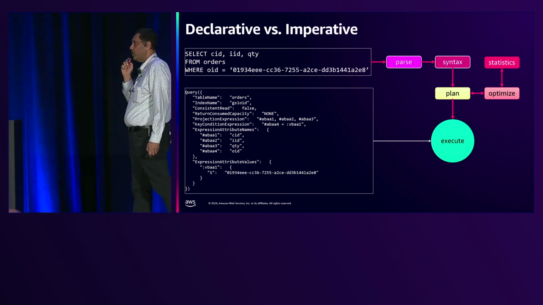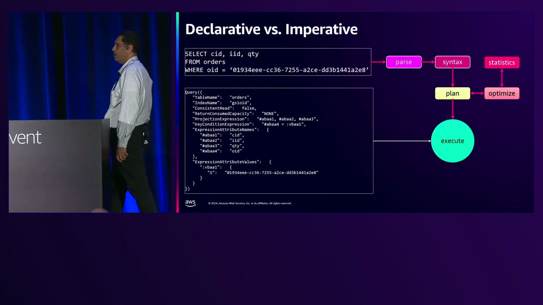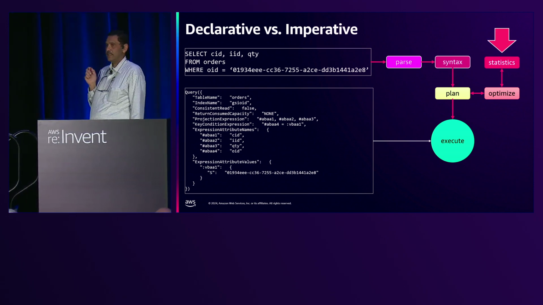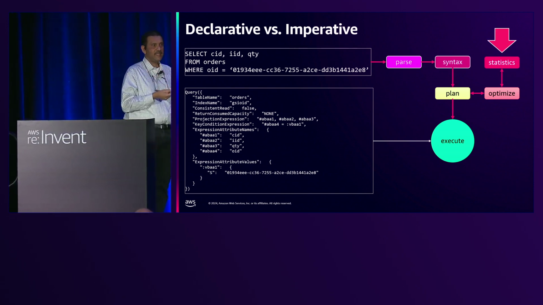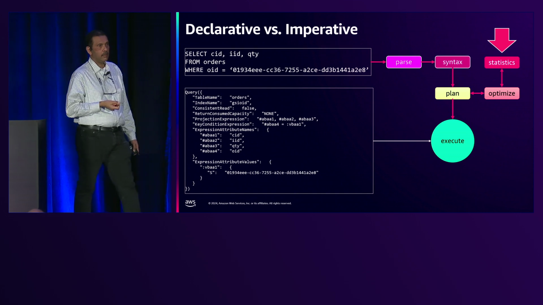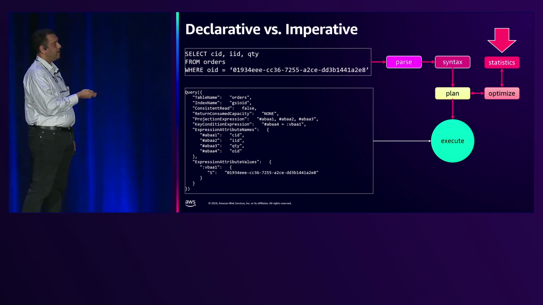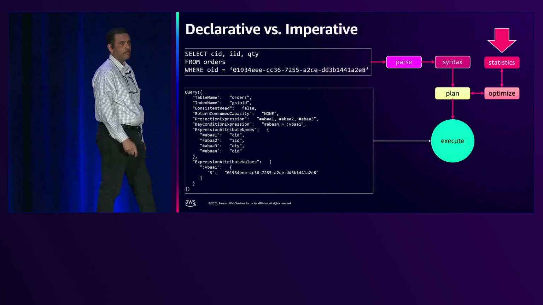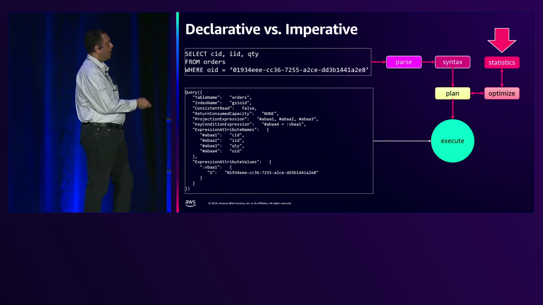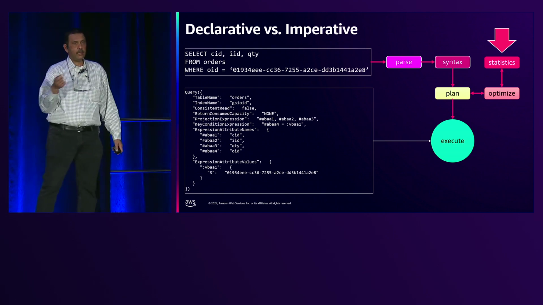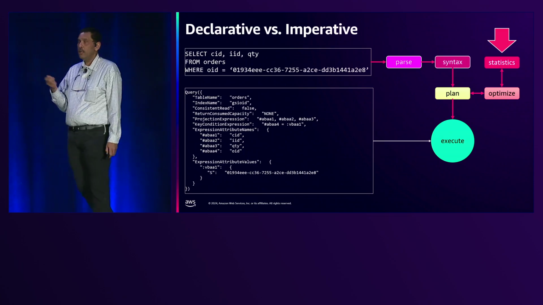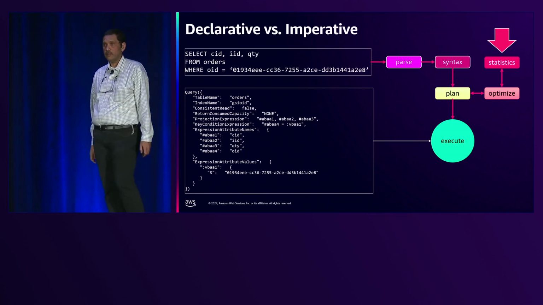What's the one word up there? Statistics. Statistics itself means variability. If you want predictable latency, here's the plan. Execute it. 1 step, done. This is the difference between a declarative and an imperative model. We chose this model for a reason.